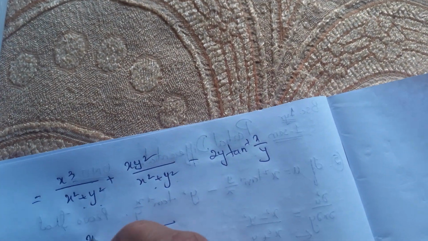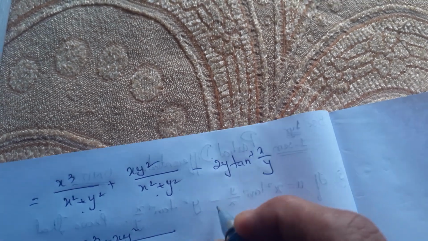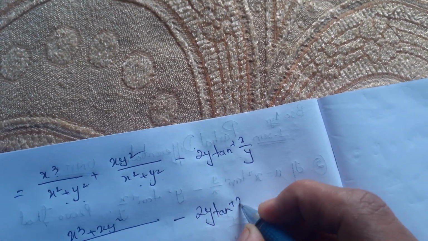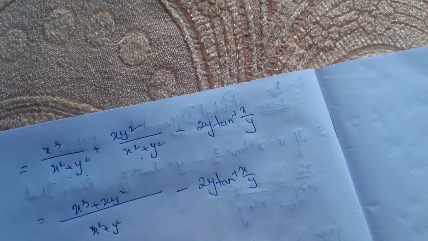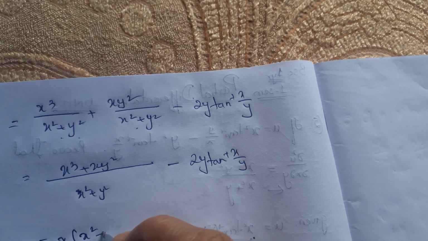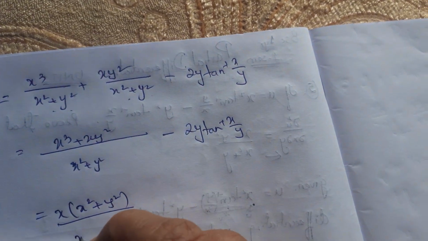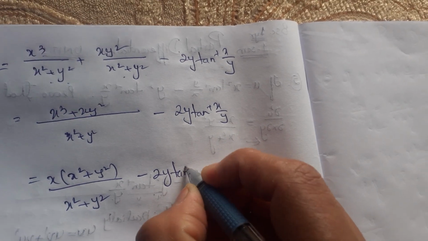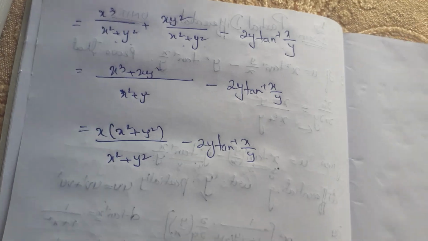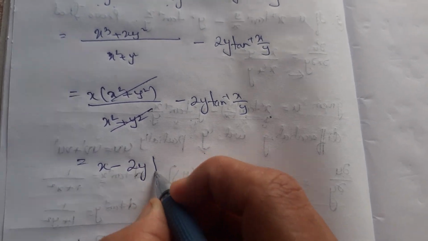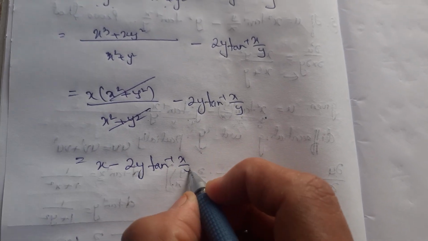So the term is x cube plus x y square minus 2y tan inverse x by y. If I take x common, it becomes x into x square plus y square by x square plus y square minus 2y tan inverse of x by y. This complete term gets cancelled, leaving x minus 2y tan inverse of x by y.